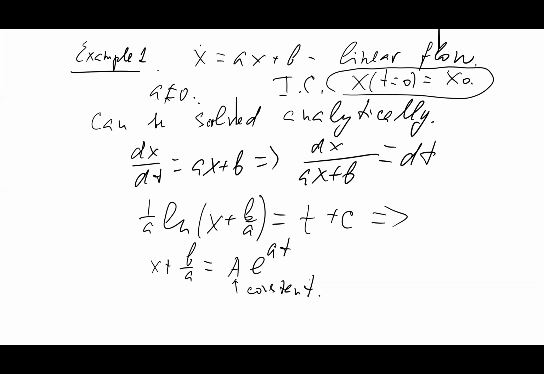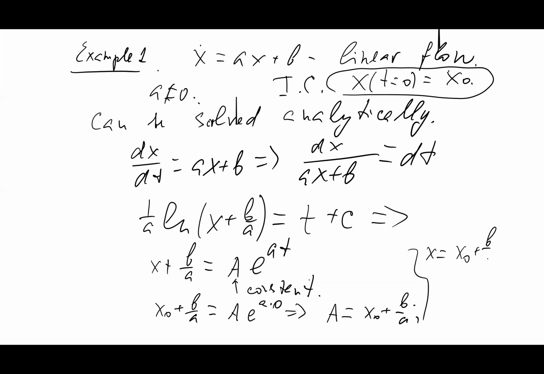Then x naught plus b over a equals A times e to the power of a times 0, and therefore A is x naught plus b over a. Therefore x will be equal to x naught plus b over a, times e to the power of at, minus b over a.